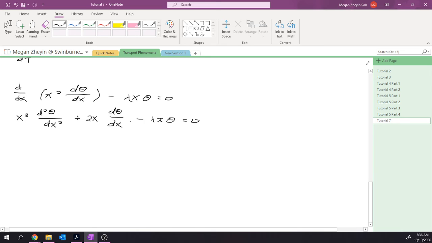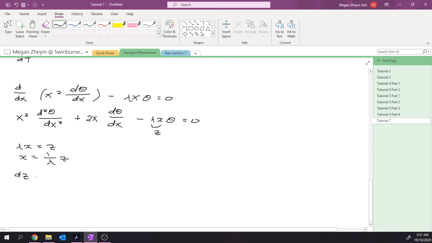Now we take this one to be z, so lambda x equals to z, therefore x is equal to 1 over lambda z, and dz over dx is equals to lambda, right?